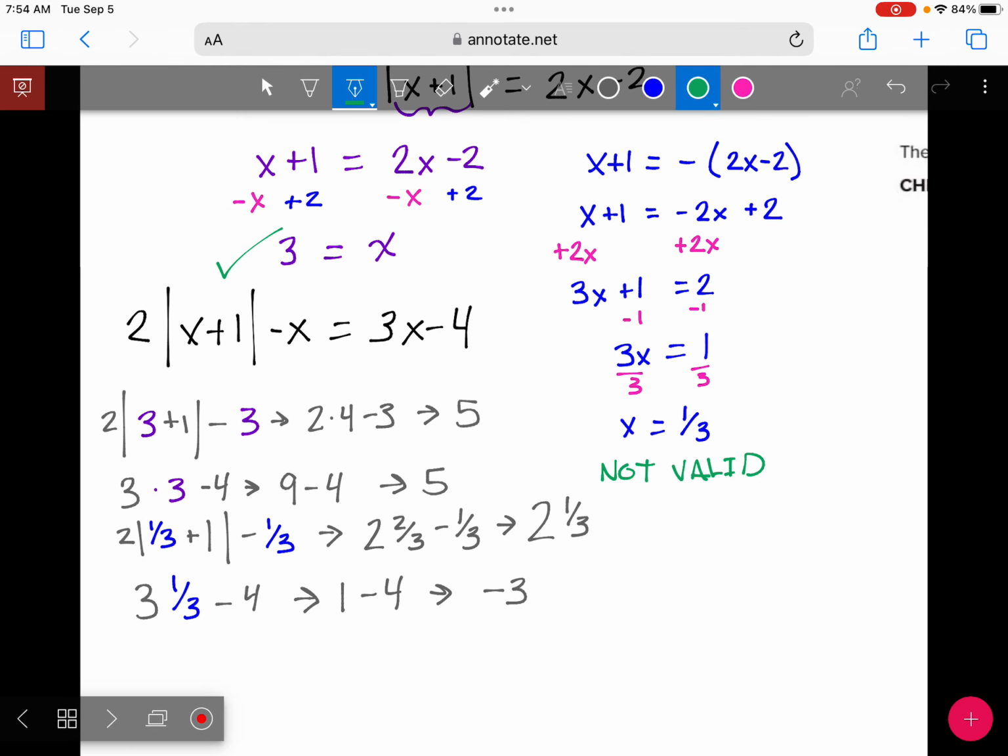Oh my gosh, look at all this work they made us do for something that's not even an answer. That is so extra. I promise there's a reason I'm using that. Because what this is called is extraneous.